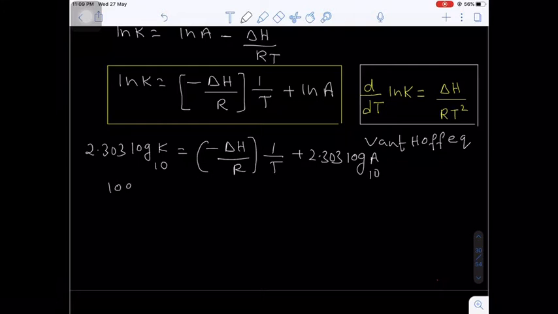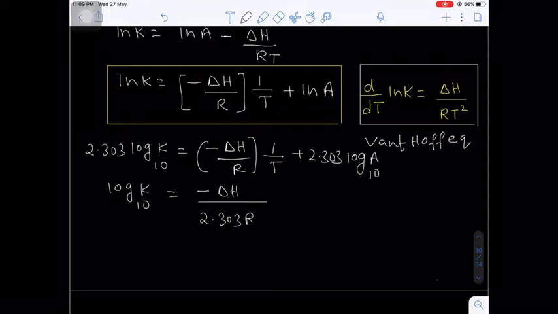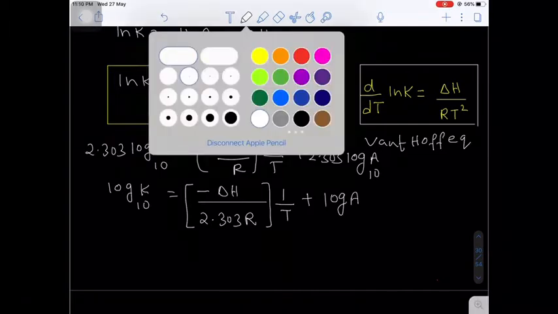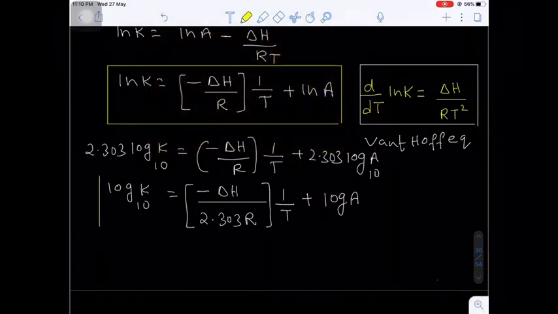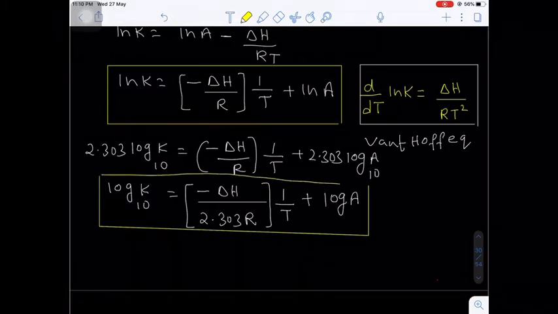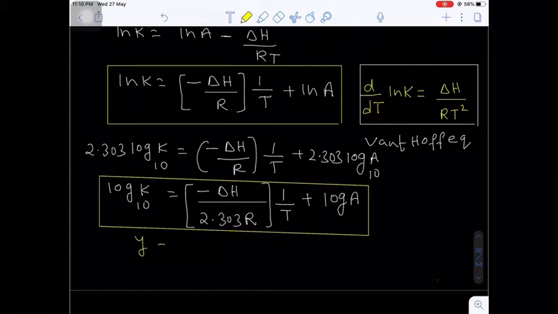Now log K to the base 10 is equal to minus delta H divided by 2.303 capital R, with 1 by T outside, plus log A. So this is the logarithm K with base 10.